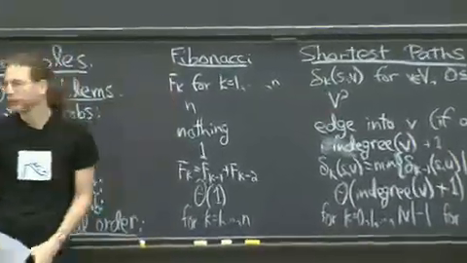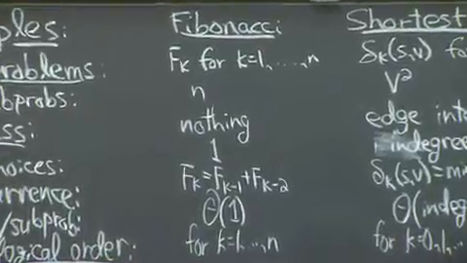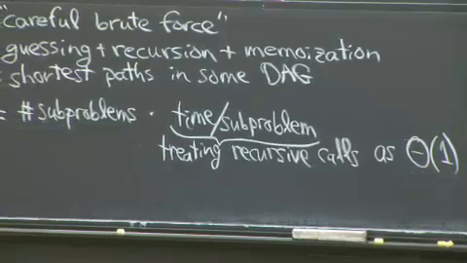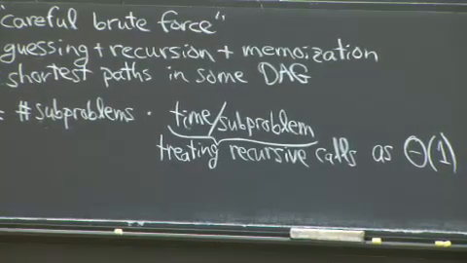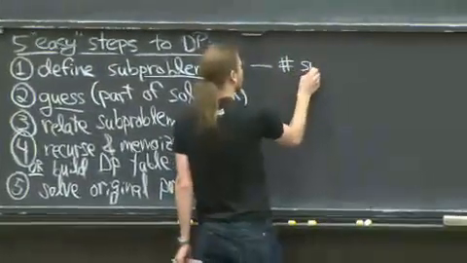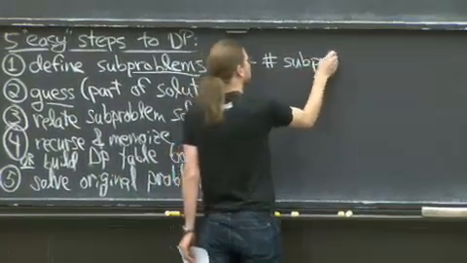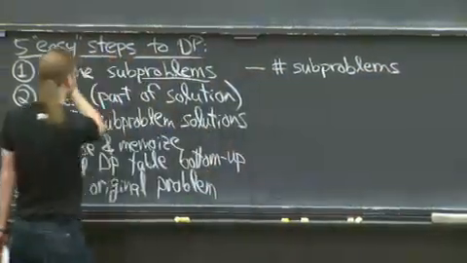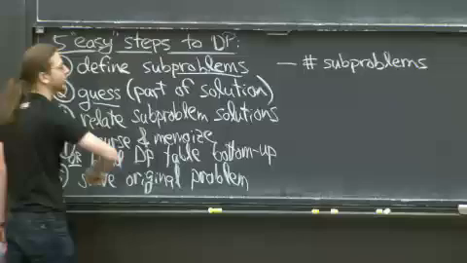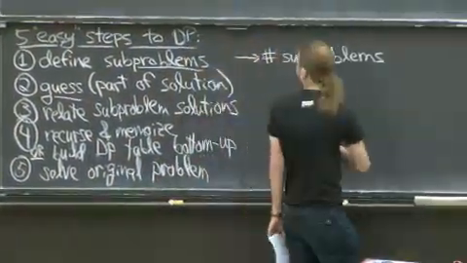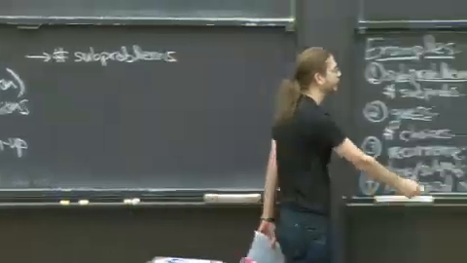In general, because of this formula, we want to count how many subproblems there are. The number of subproblems is sort of what we need to do algorithmically, and then for analysis, we want to count the number of subproblems for step 1. For Fibonacci, there were n of them.